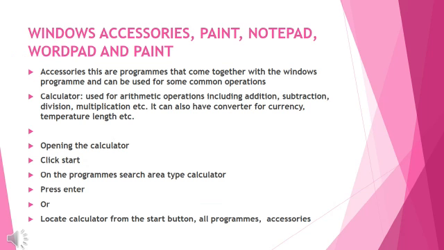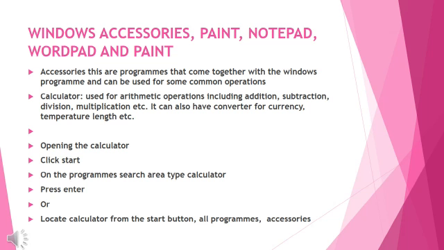The next item we need to look at is Windows accessories. That is Paint, WordPad, and Notepad. Basically, accessories are programs that come together with the Windows program and can be used to do some common operations. Windows is the main program operating our computer, and the main program operating our computer is called an operating system. The operating system comes with other programs that can be used for other uses.